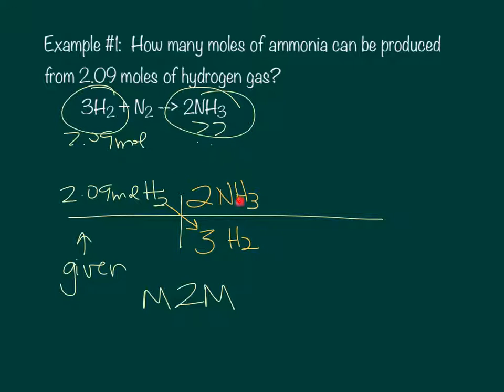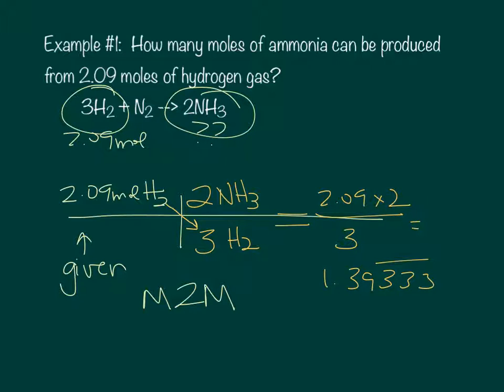So now I can do the equals part and figure out my final answer. After quickly locating my calculator, I can do the math. That's 2.09 times 2 divided by 3 on the bottom. 2.09 times 2 divided by 3 gives me an answer of 1.39333, some crazy number like that.